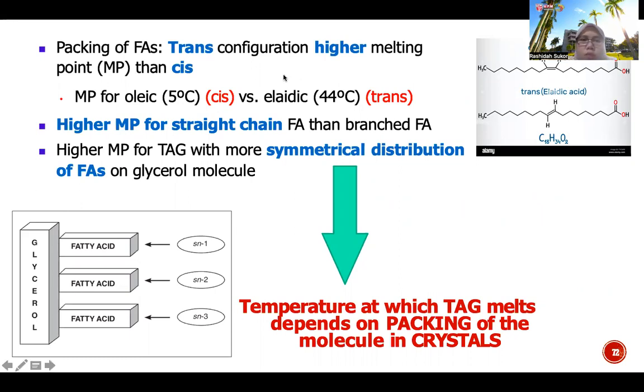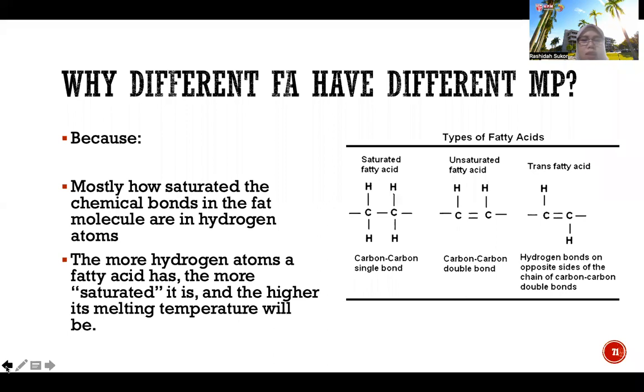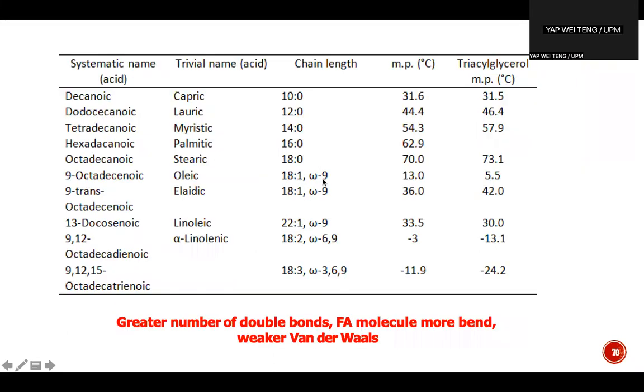Okay, packaging of the fatty acid. Okay, tadi we talk about how trans configuration has a higher melting point than cis configuration. Okay, if we see here, and this one is just now we have looked at how it is written, kan? Okay, if you see here, kat sini kan, kita tengok ni 18:1 omega-9, 18:1 omega-9. Okay.